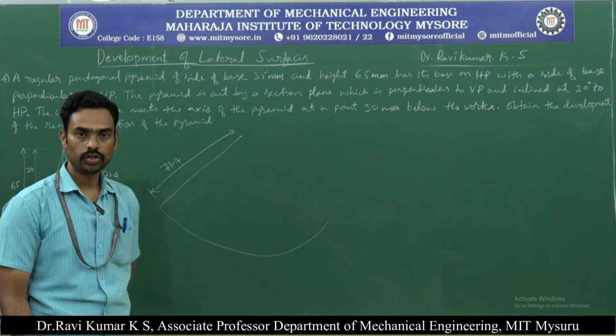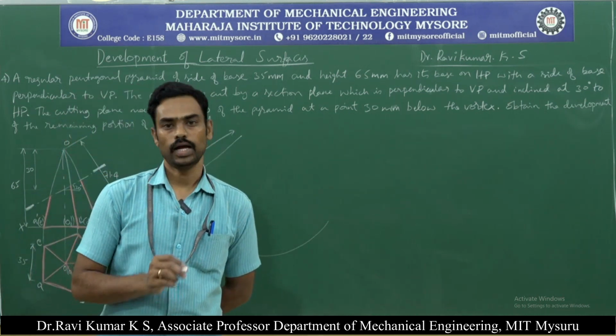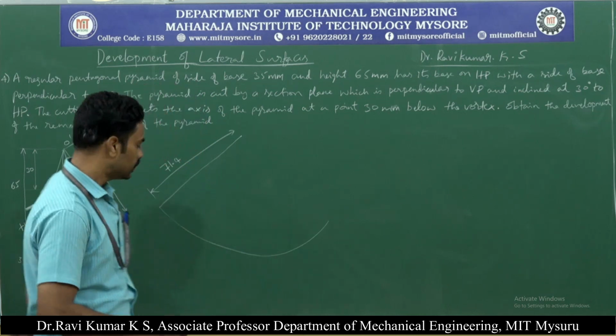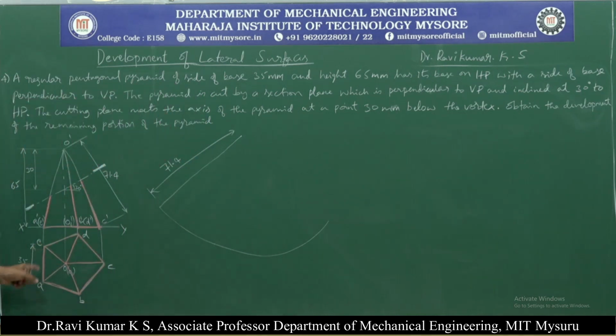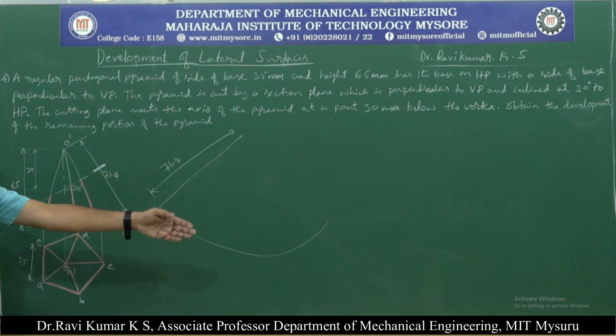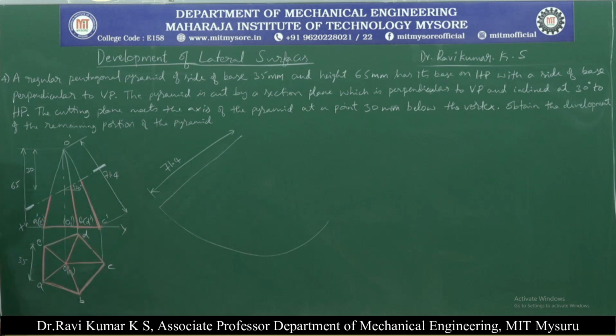Here it is not a cone, so there is no angle theta to find. Here it is a regular pentagon. Since a pentagon has 5 sides, AB, BC, CD, DE, EA, you can restrict this curve to 5 sides.